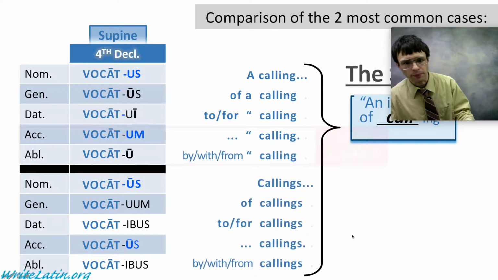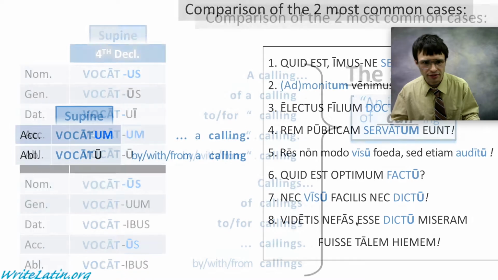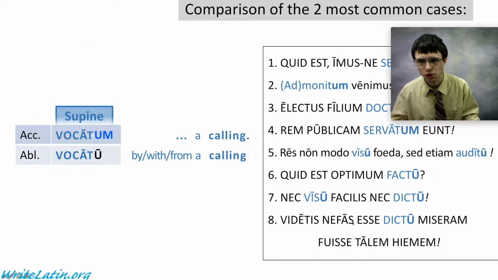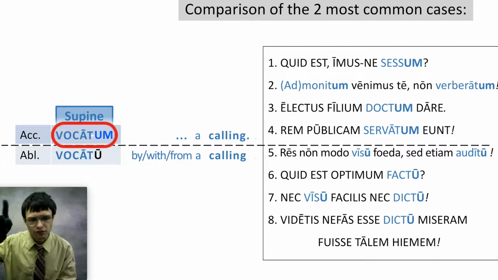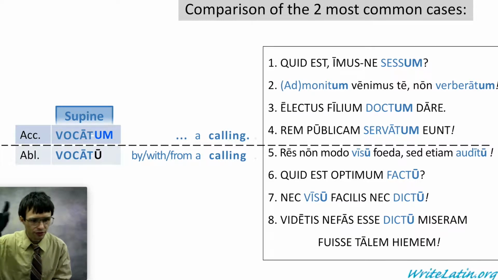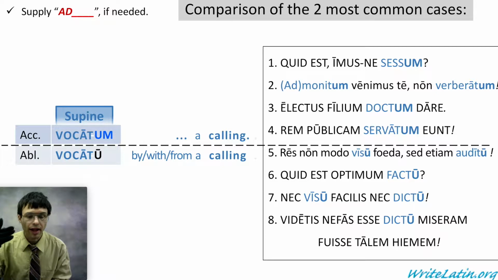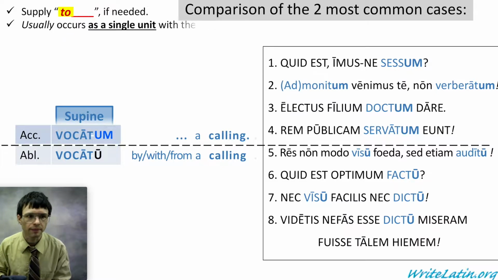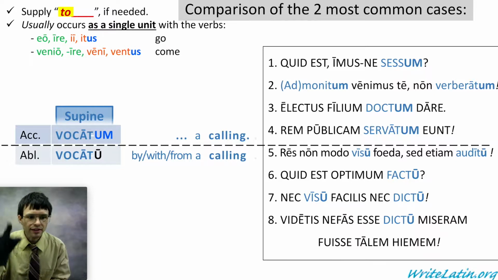All right, so let's go back and analyze these further, these two special most common cases. First, the one on the top. My advice to you is to follow these guidelines. Number 1, supply ad if needed, which means to blank. Next, these accusative supines almost always occur with the two verbs go or come.